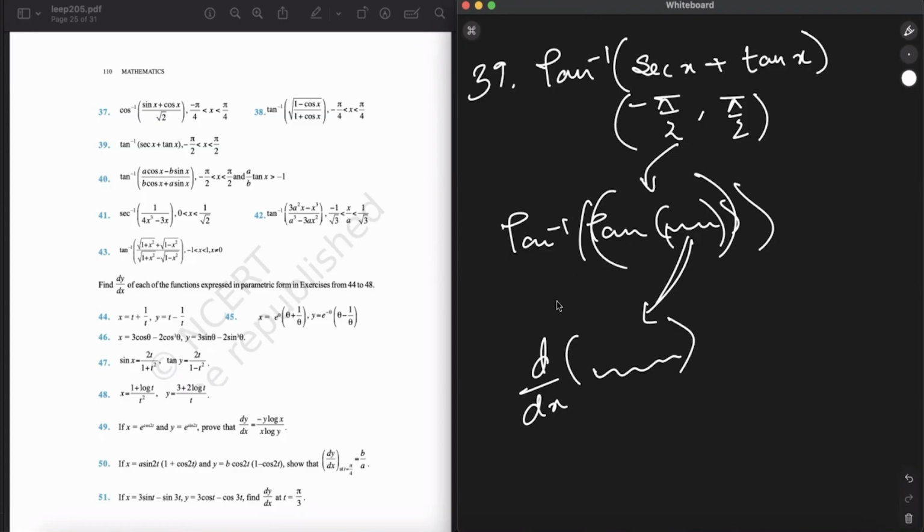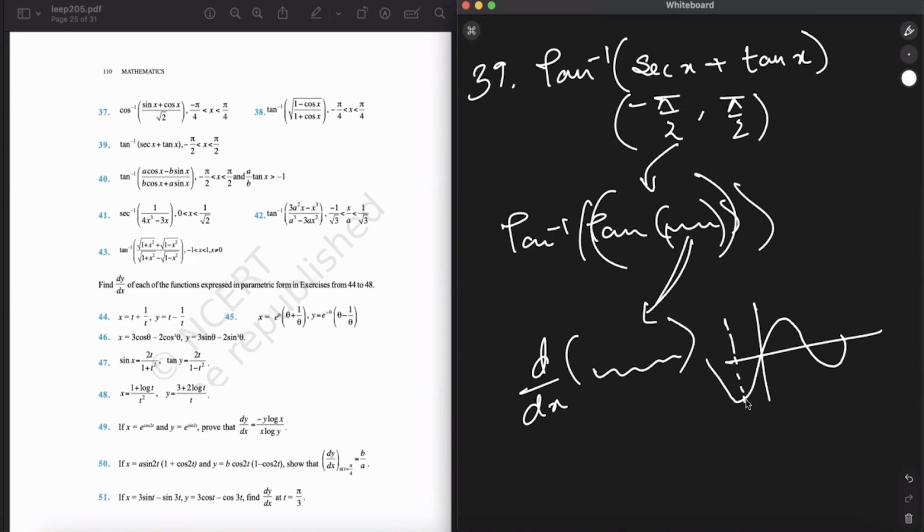In inverse trigonometry, the domain is very important. It is not like you can do it the same for every domain. Everywhere they'll give you this domain. I'll show you an example. This is the graph for sine.